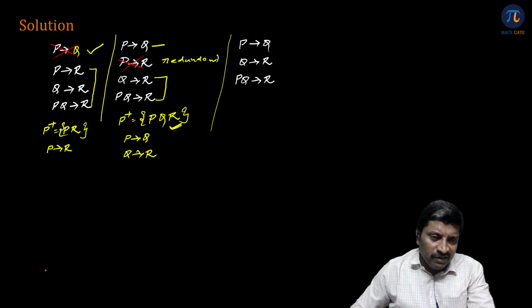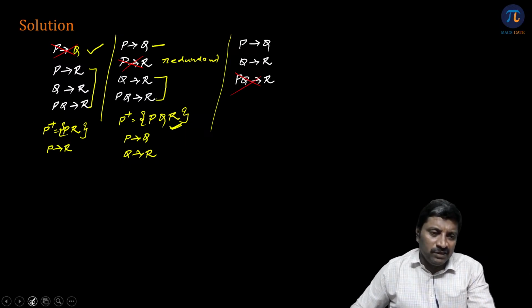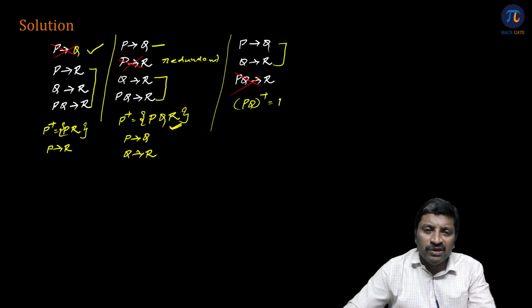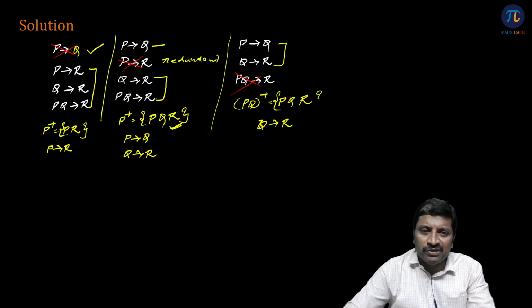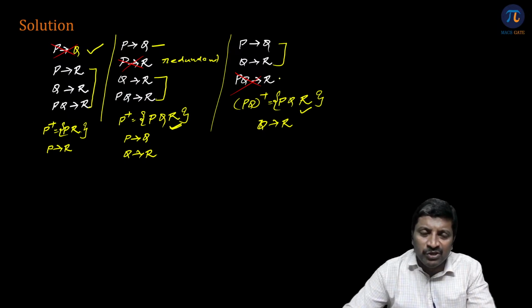Now let us verify this one, whether it is implied from the remaining. Let us assume only these two. What is the PQ closure? With the help of P, I can get PQ, then I have a dependency Q goes to R, so that means I can get R. That means with PQ, I can get R. So it is redundant.